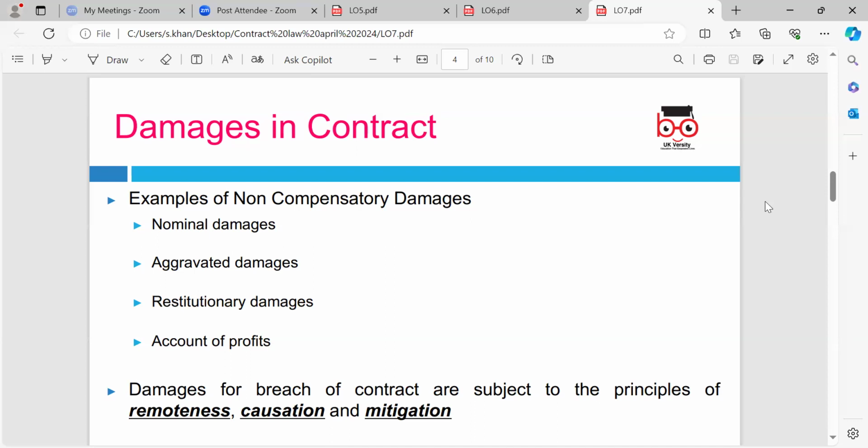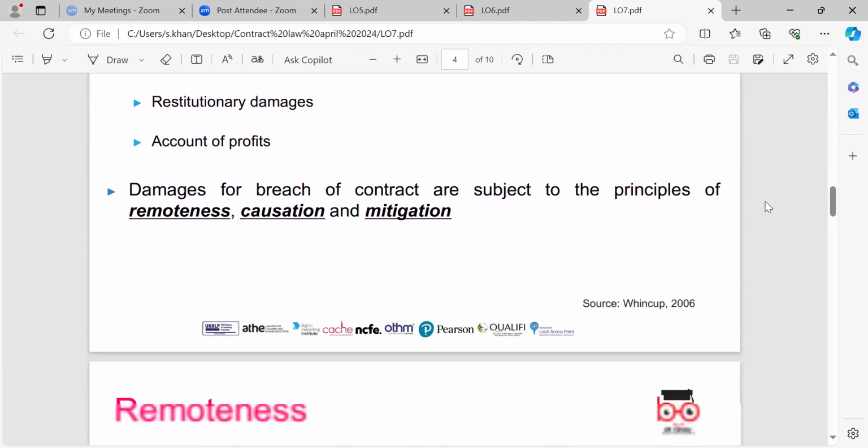There are different types of damages. Examples of non-compensatory damages are nominal damages, aggravated damages, restitutionary damages, and an account of profits. Damages for breach of contract are subject to the principle of remoteness, causation and mitigation.